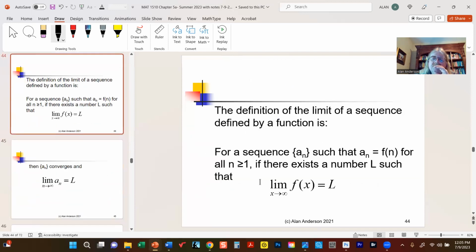All right. So if we have a sequence a_n, like we have been looking at, and that a_n is a function of n.